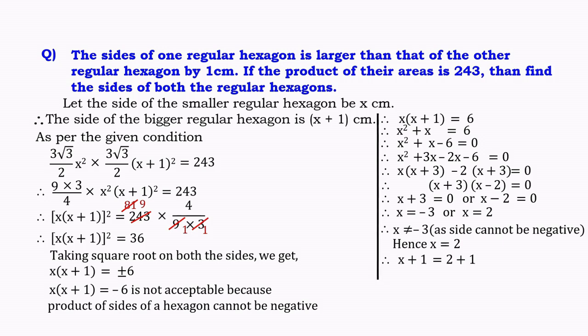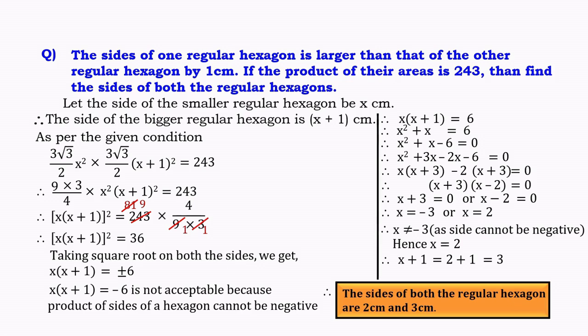The side of the larger hexagon is x plus 1. Therefore, x plus 1 equals 2 plus 1, which is equal to 3. Hence, the sides of the two regular hexagons are 2 centimeters and 3 centimeters. So, the required sides are 2 centimeters and 3 centimeters.